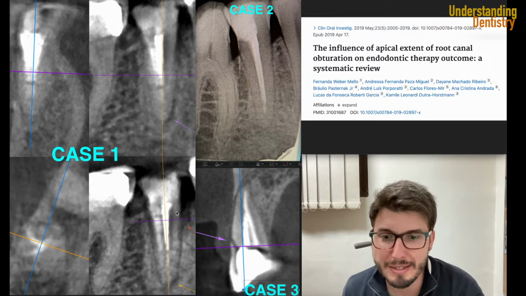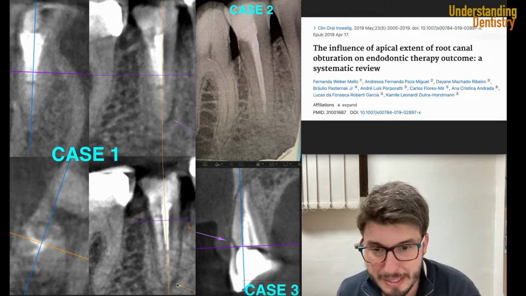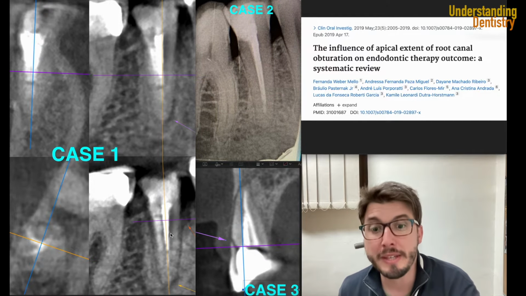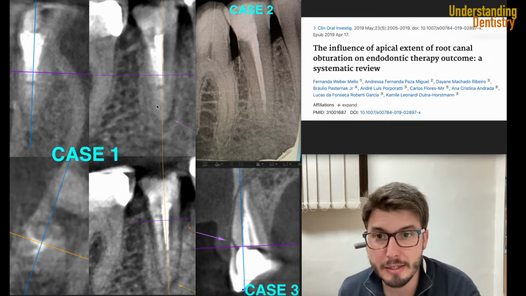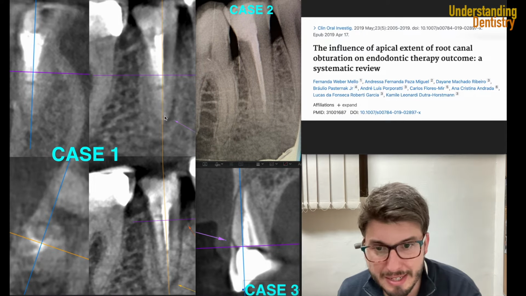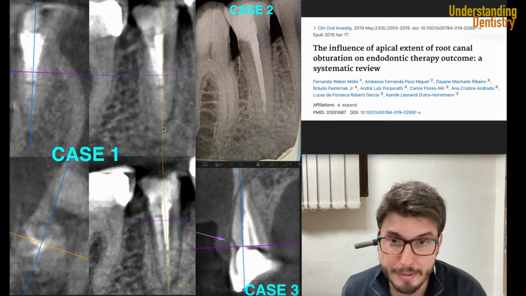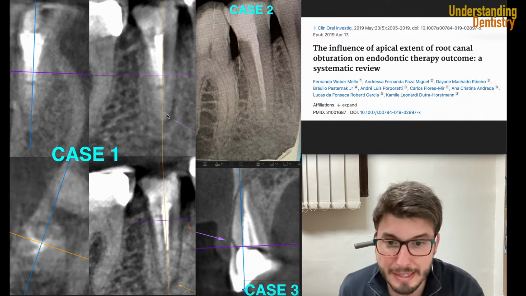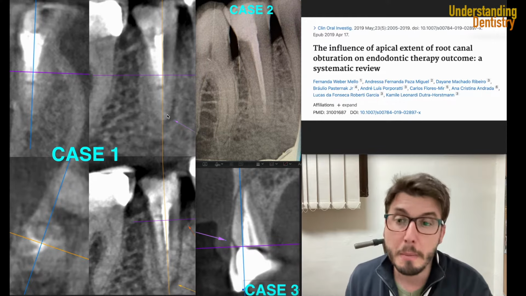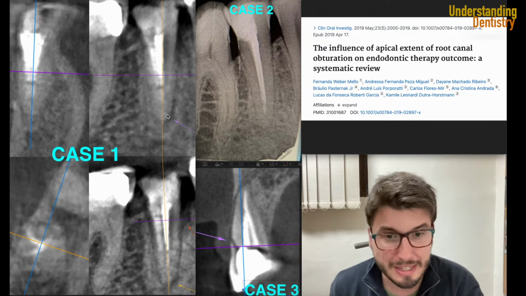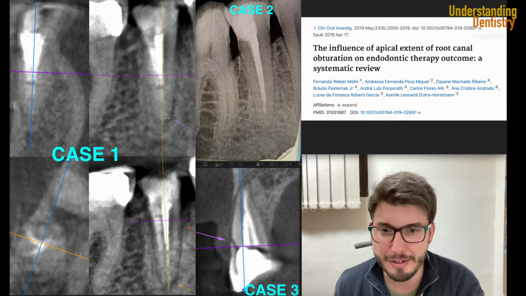In both of them you can see periodontal ligament space widening. This is common because the root canal treatment is underextended, and at the end of the apex there are still bacteria, leading to inflammation, but maybe not enough for us to have a lesion. And we are going to understand why very soon.